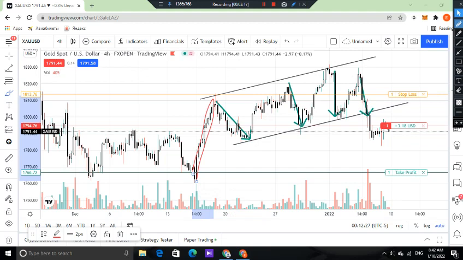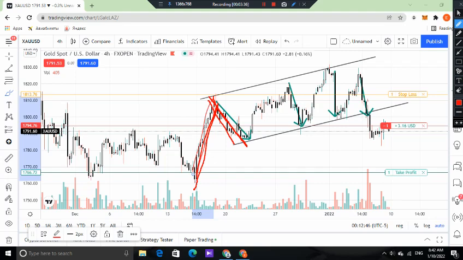So here we have this impulse movement, and then we have a correction. How deep is this correction? We want to answer this question.